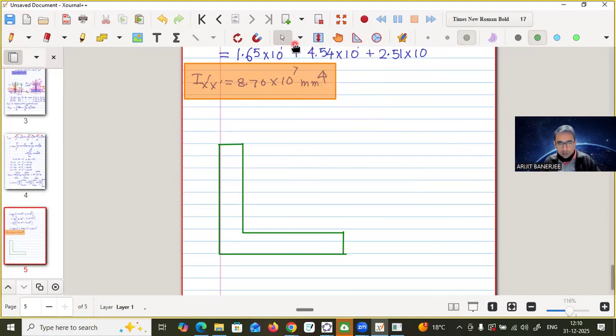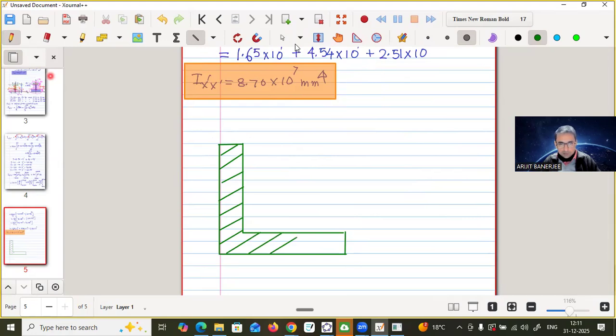For this case, you can understand that this is actually not symmetrical. So in that case, the x and the y coordinate both you have to determine instead of simply the x coordinate. You have to determine for x and y both, following the same rule. The rule is same, only thing you have to determine for both.